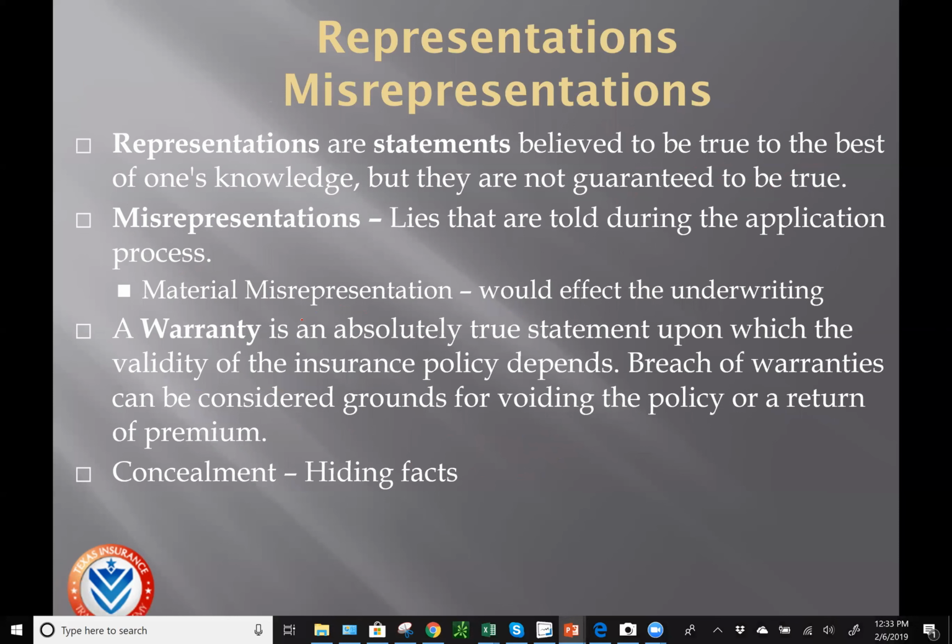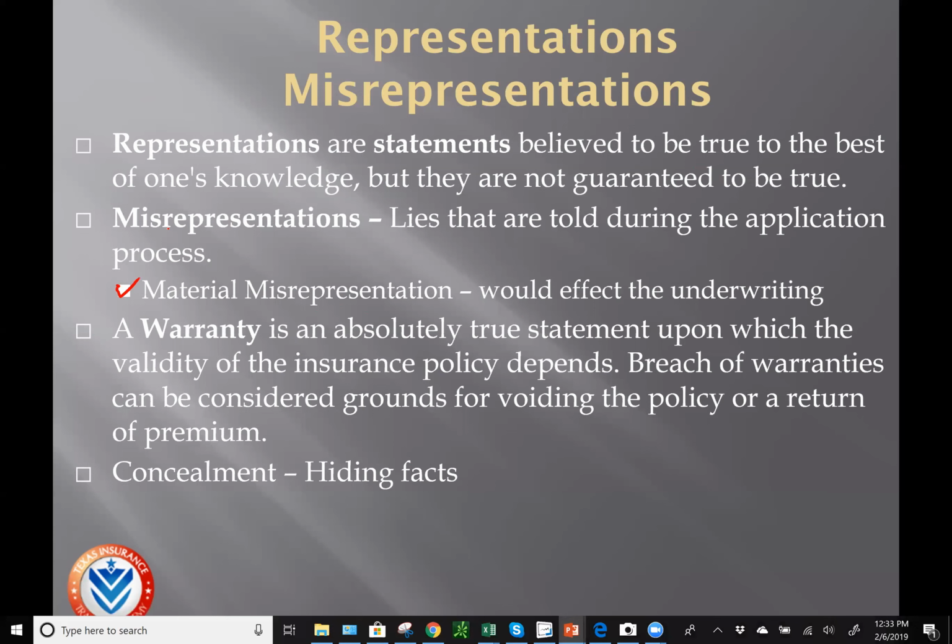Well, then my representations become misrepresentations. It could be a small white lie that does not affect the underwriting or a big lie that does. That big lie is called a material misrepresentation because it was material to the underwriting of the policy. It would have affected if they would have offered me coverage or not.